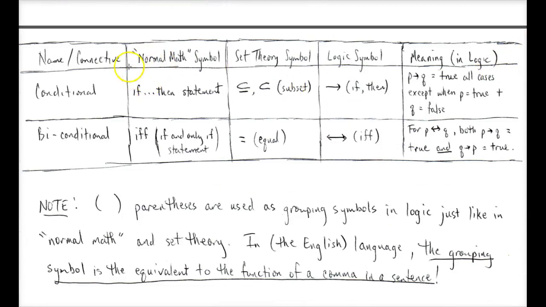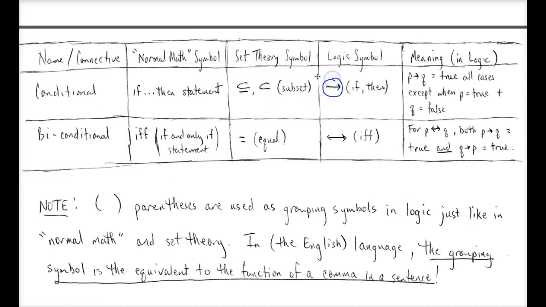So for the last two, we have a conditional connective, and so this is our normal if-then statement. And in normal math, we actually use it that way as an if-then statement. And for set theory, the equivalent of that would be like subset. Okay, again, not exactly the same, but it has the same type function.